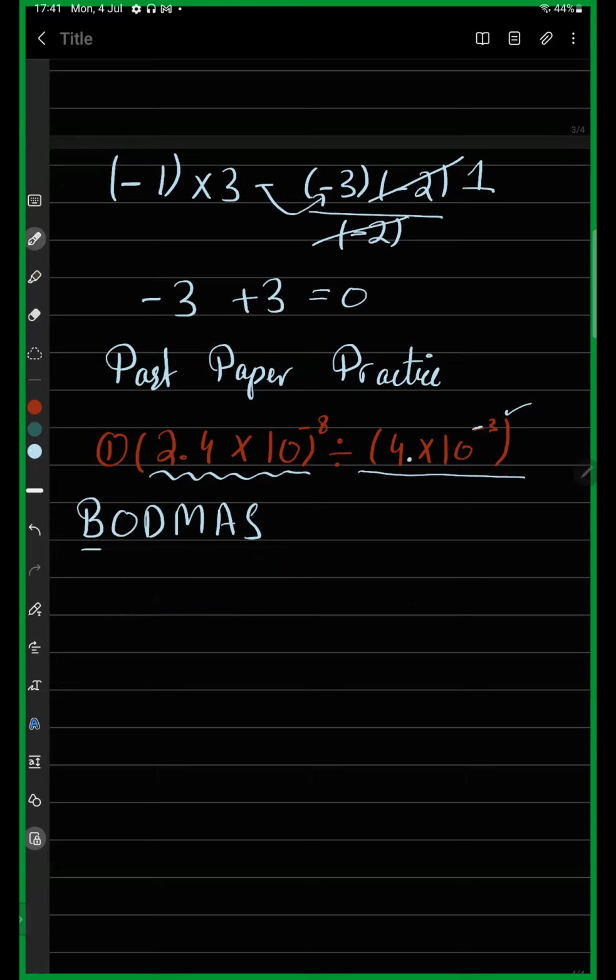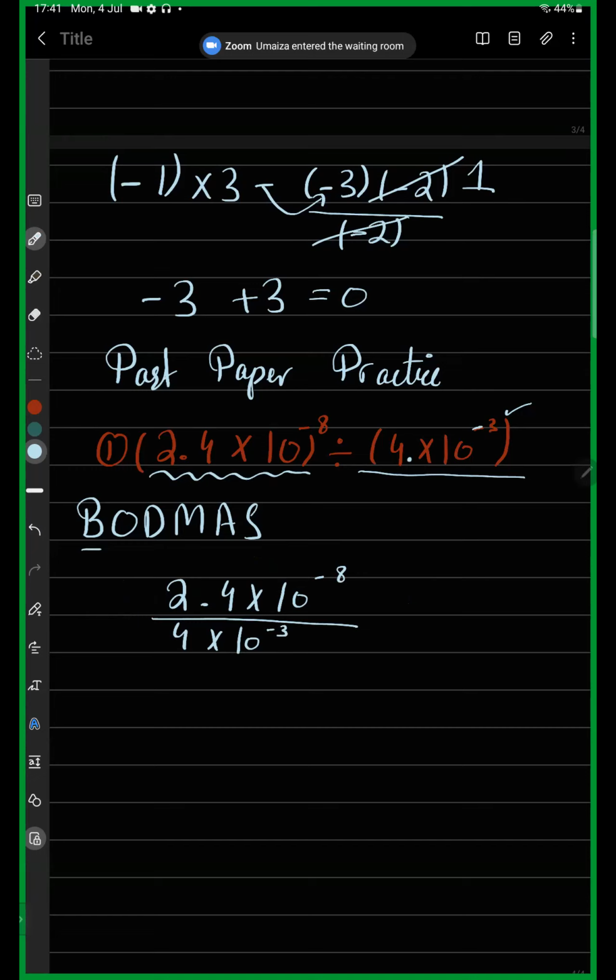And what is that? Again, I can write it as 2.4 multiplied by 10 power -8, then it's being divided by 4 multiplied by 10 power minus 3.